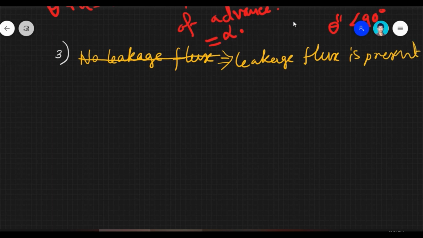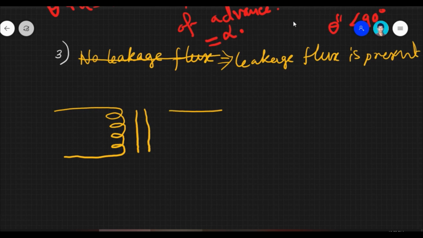that means, first of all, let us try to understand what is a leakage flux. Suppose if you have two winding like this, they are in proximity of each other. You have mutual flux that links both the coil.